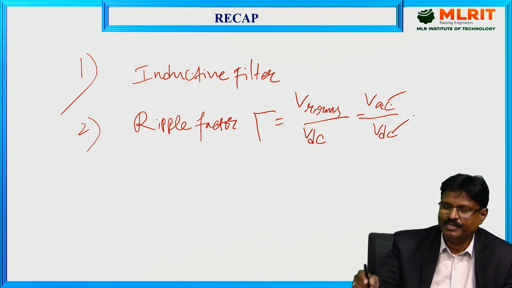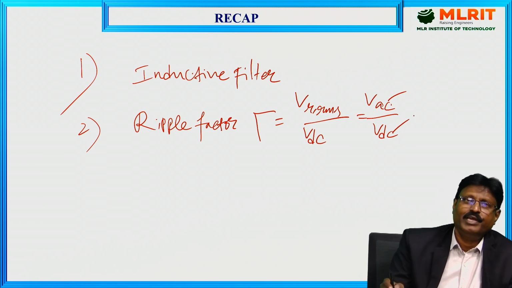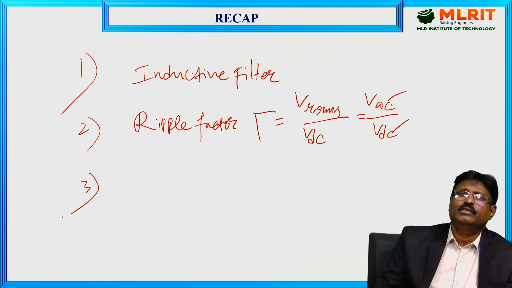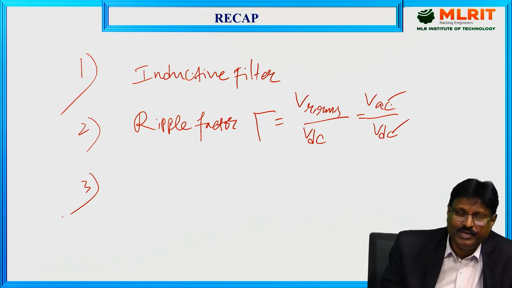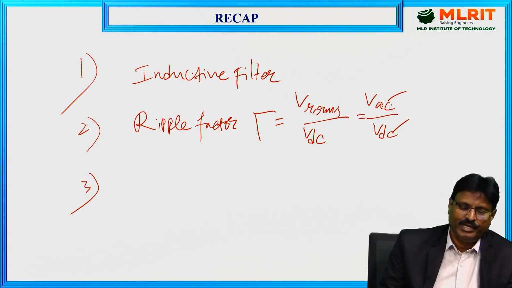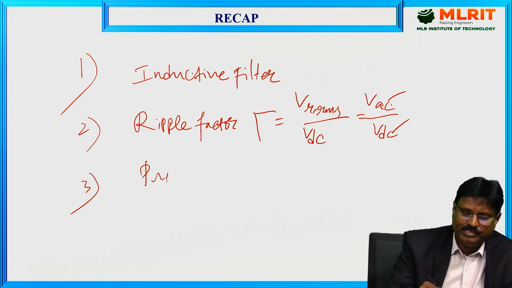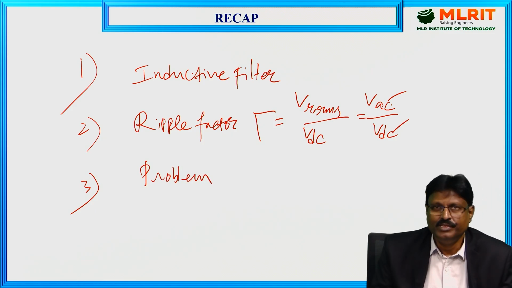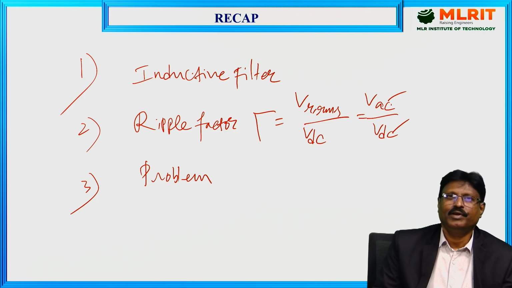Finally we derived the ripple factor, concluded by making use of the ripple factor equation how to minimize it, and then a problem was done based on the ripple factor. With this I conclude my video lecture on this particular topic. Thank you.